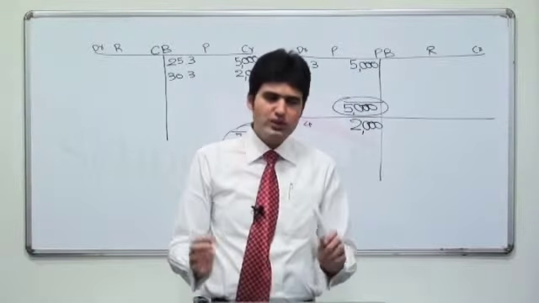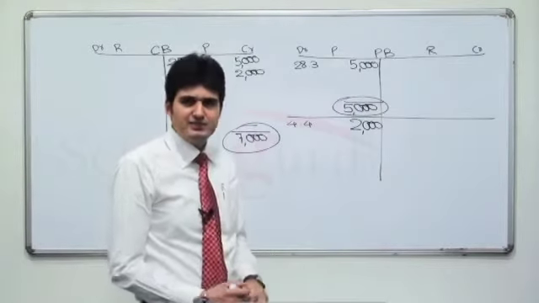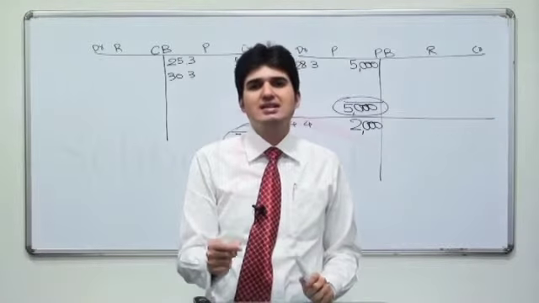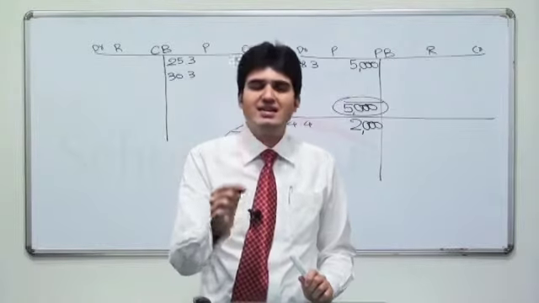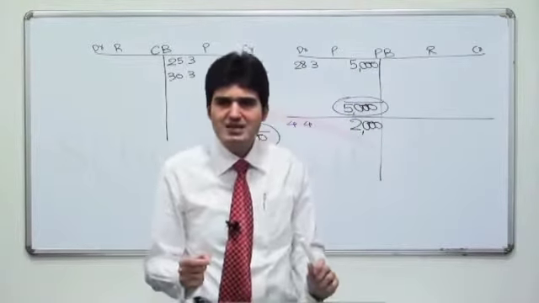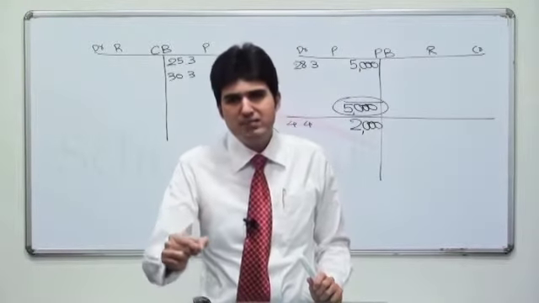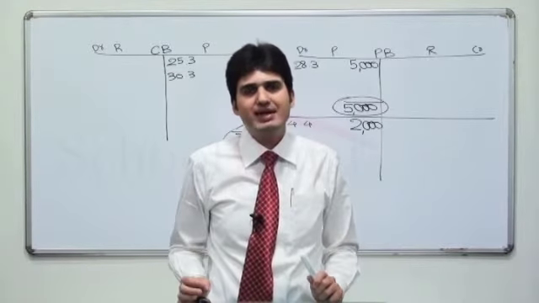So, just to conclude, in the cash book, entries will be passed on the date on which the check is received or the check is issued. But in the bank, entries will be passed on the date on which the payment is being made by the bank or the payment is being received by the bank.